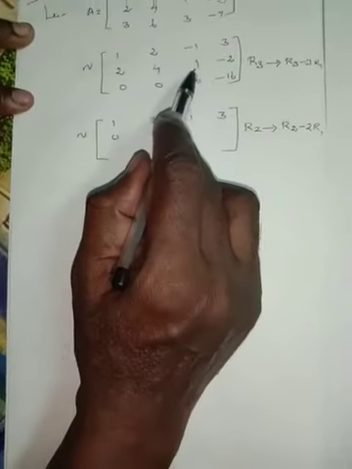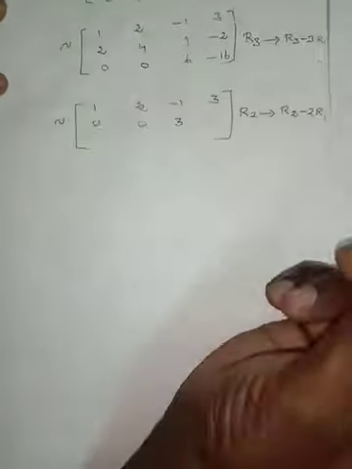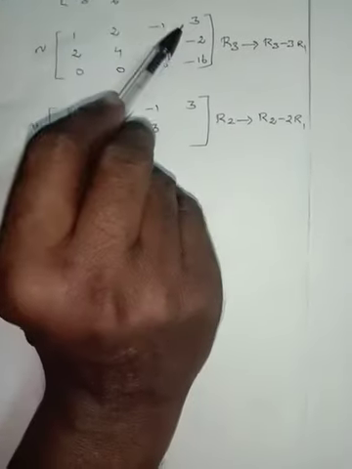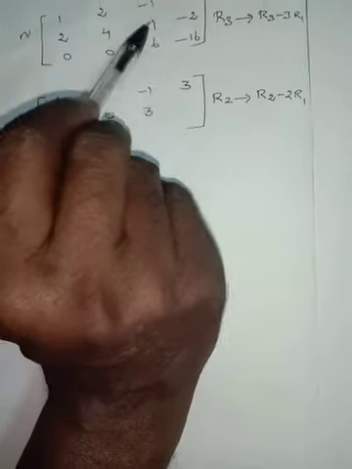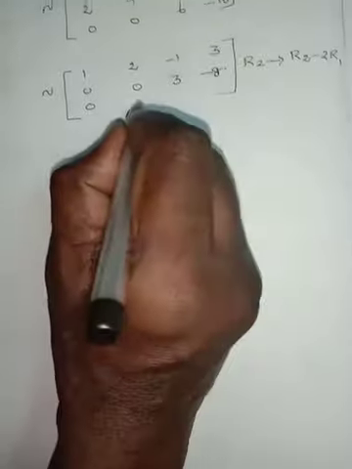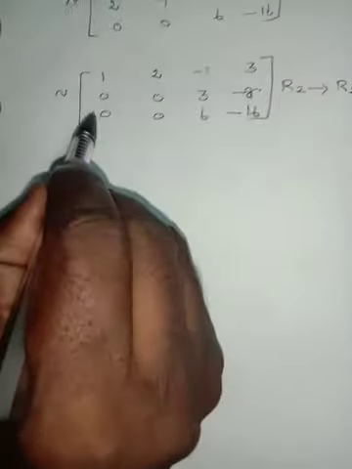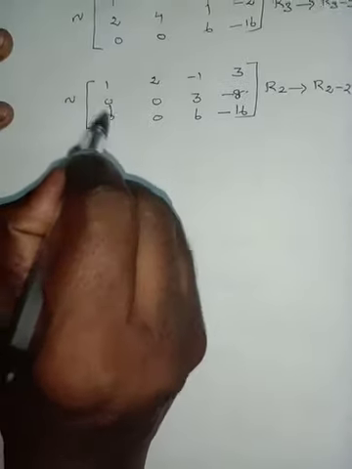Here 1 minus of minus 2 is plus 3. Next, here 6, minus 2 minus 6 is minus 8. Third row as it is: 0, 0, 6, minus 16. Next, A11 index will be 1, and A21, A31, A32 will be 0. So, the second row is over.